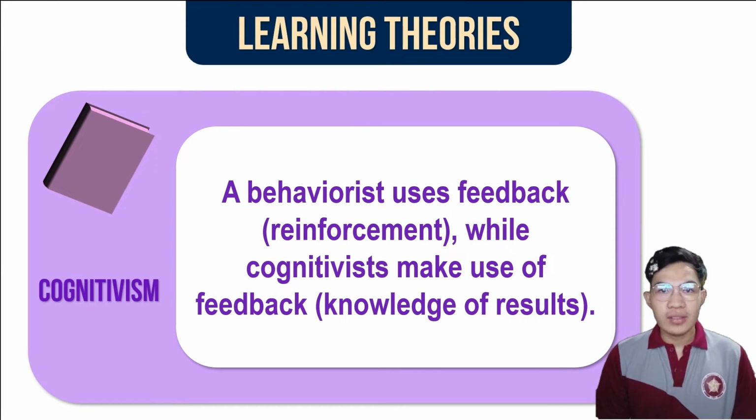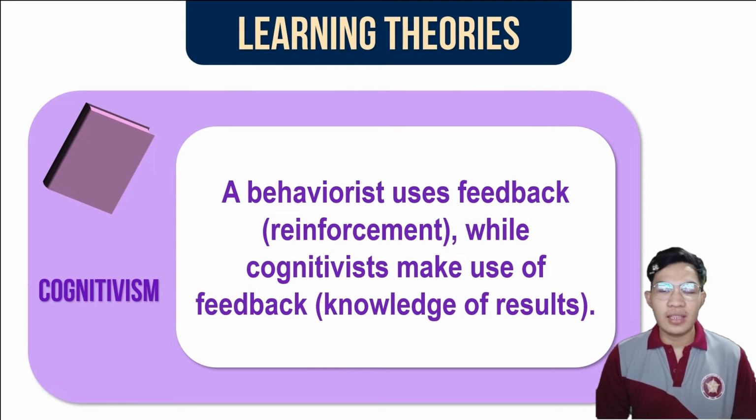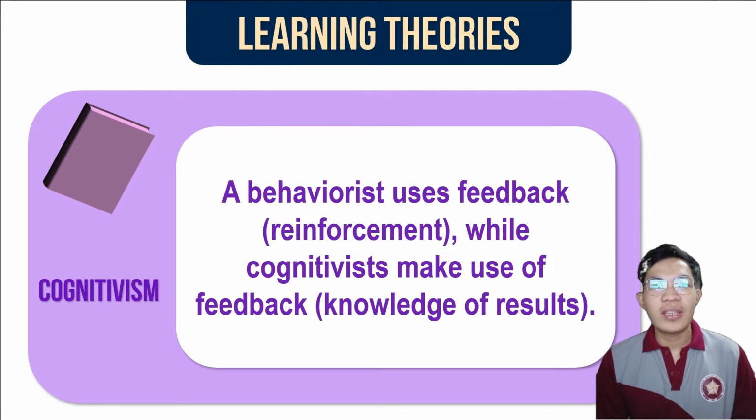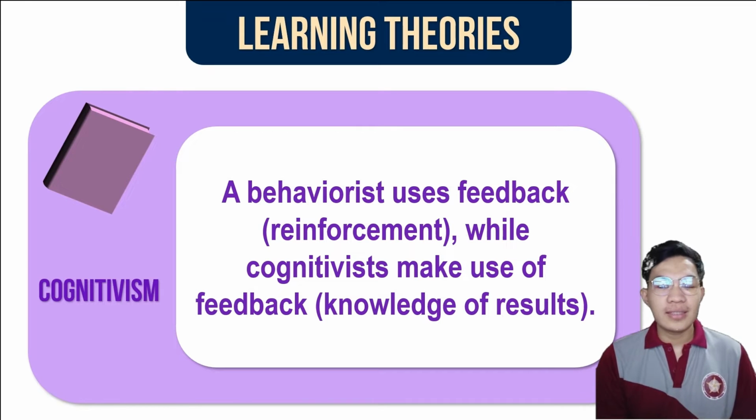While in cognitivism, the focus is the processing of information, or how the learner organizes new information within the pre-existing schema. So the type of learning here is higher level reasoning and information processing, and emphasis on memory or organization. So as you can see, cognitivism is more complex than behaviorism.